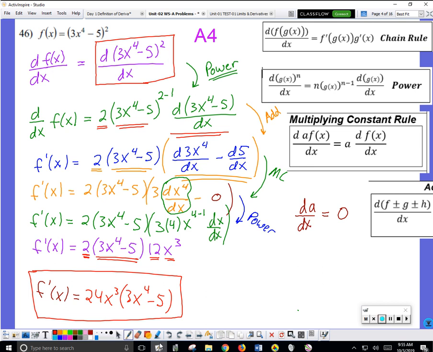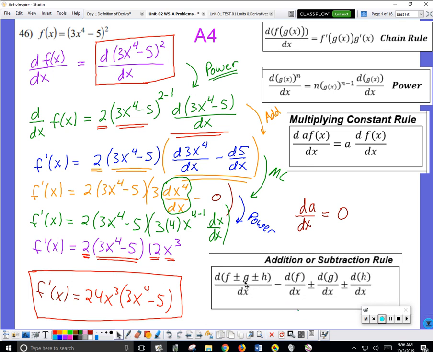In the very beginning, I think of this as g of x, and I have g of x to a number, so I'm going to use the power rule. When I get to this spot, I'm no longer thinking of this as being g. I'm now thinking of this as being f plus g, but not this f, just the old f. And that's why I can use the add subtract rule, because the add subtract rule works when I have f plus g.